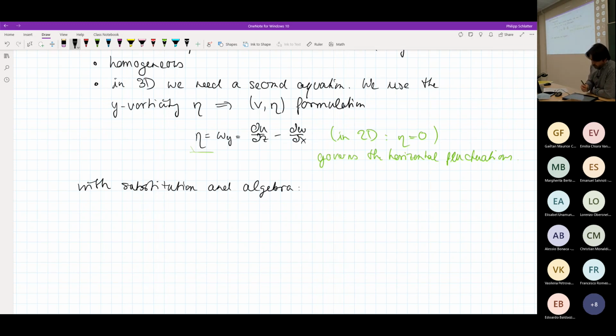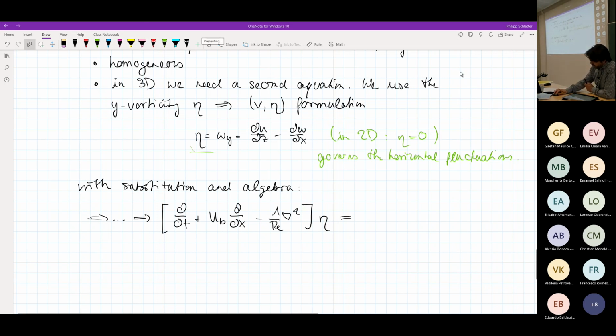As I said, I'm not going to do it here, but after some calculation, you will get the following: ddt plus ub times ddx minus 1 over Reynolds, nabla squared, and then you will have the eta here. But in this case, it's actually not a homogeneous equation.